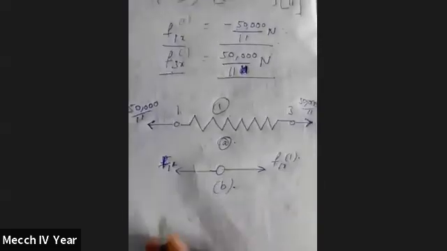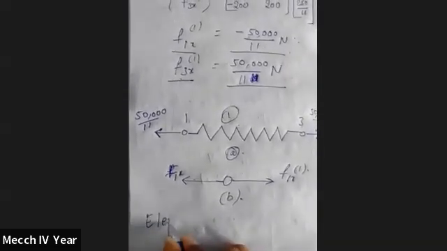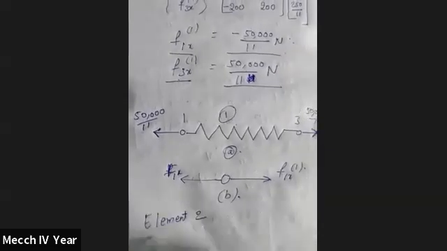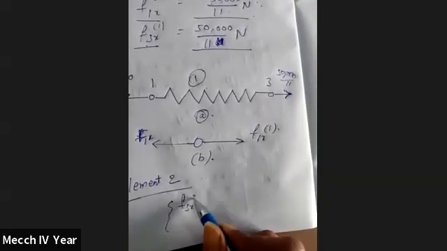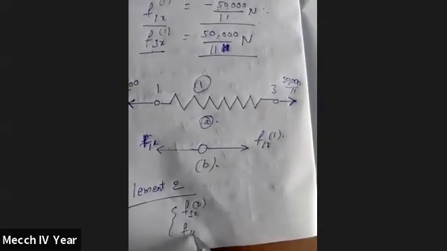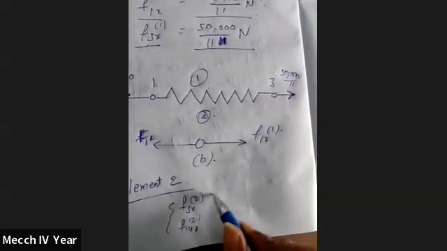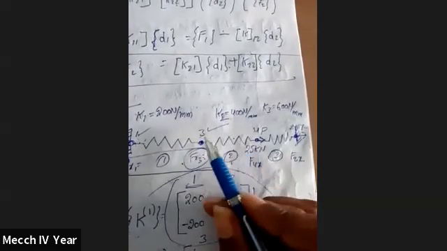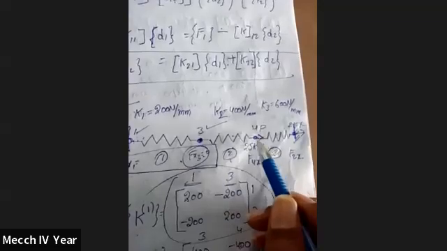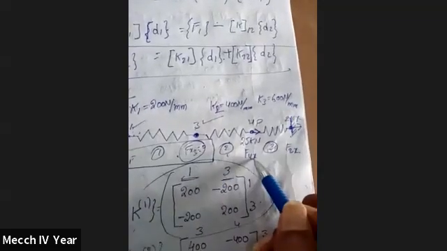In a similar way, I am going to take element 2. So for element 2, I am going to write here F3x, F4x. This is element 2, so 3, 4. Now we are going to see the picture, the given data here. In this element 2, we have 3 and 4. That's why I'm going to take here F of x3, F of x4.